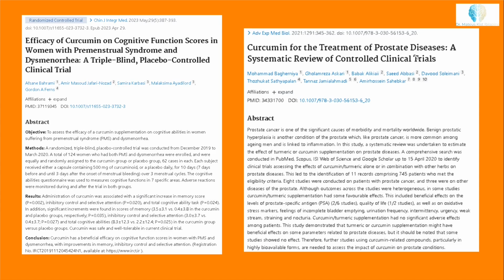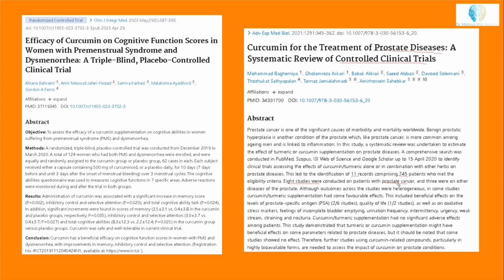Here on the right, we have a systematic review of controlled clinical trials that investigated the effects of curcumin on the treatment of prostate diseases. This systematic review included 11 studies with a total of 745 patients. 8 studies were conducted on patients with prostate cancer and 3 were on other diseases of the prostate.